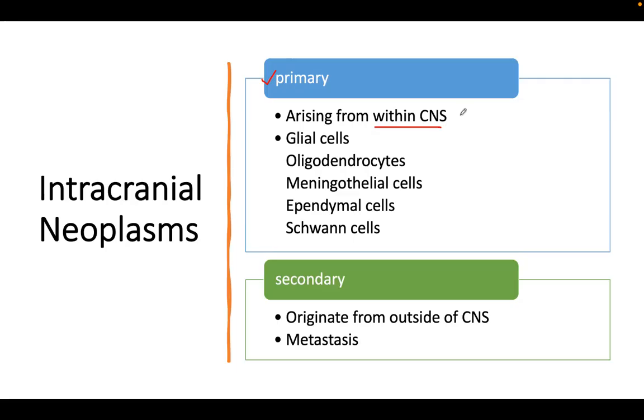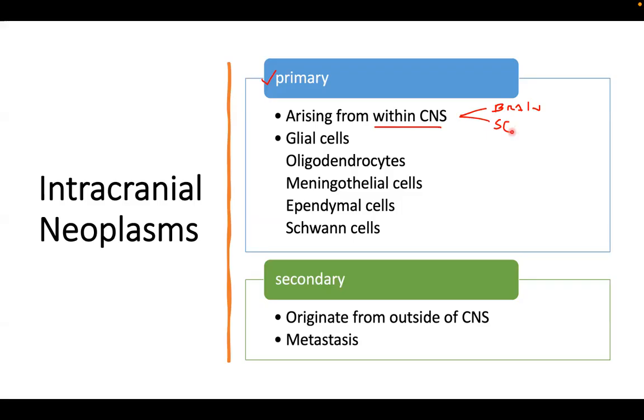If you remember, the central nervous system is the brain and the spinal cord. So any tumor which arises from the cells of the brain or the spinal cord is a primary neoplasm.